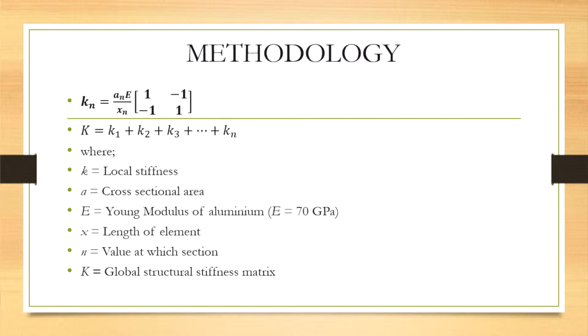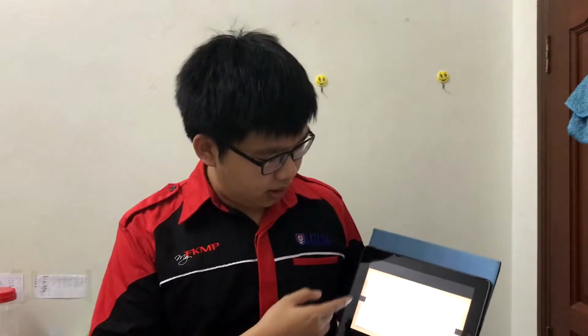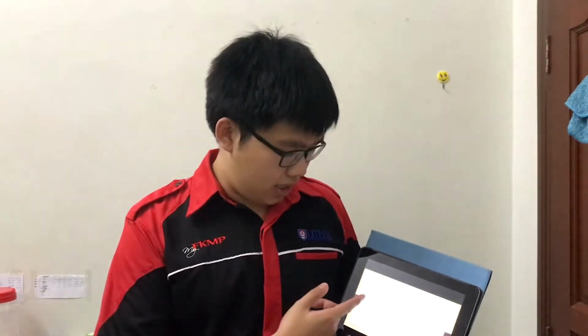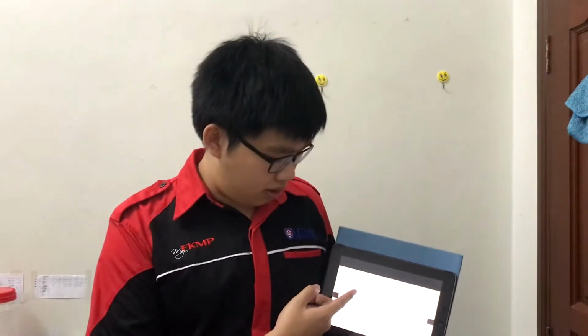For the methodology, we use this formula to calculate the stiffness, which is k equal to AE over X with the matrix of 1, -1, -1, and 1.